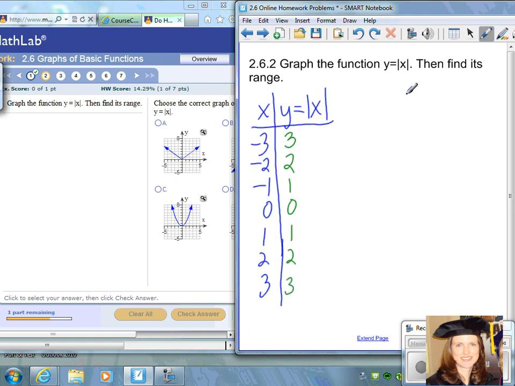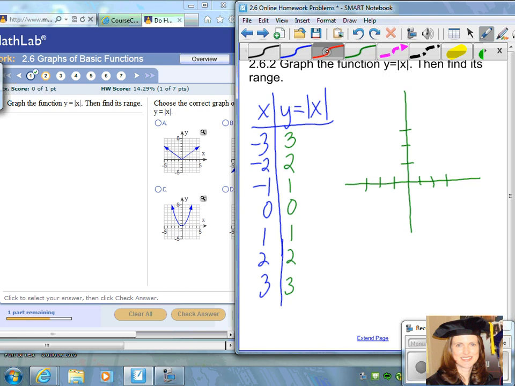Now with those, you can sketch the graph. By plotting those points, -3 up 3, -2 up 2, -1 up 1, 0, 0, 1, 1, 2, 2, and 3, 3.